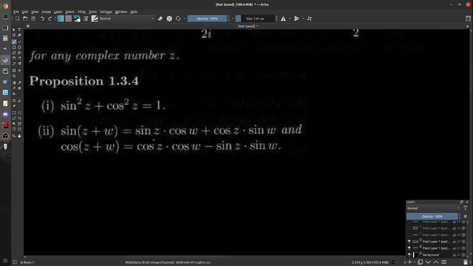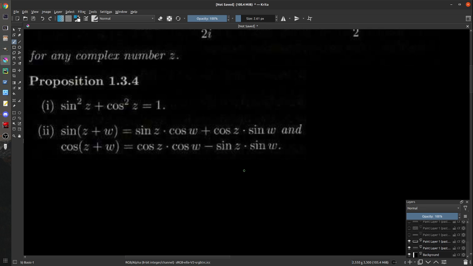That is, you switch the sines and the cosines, right? And then the cosine of a sum is cosine first piece, cosine second piece, minus sine first piece, sine second piece, right? These classic sum identities from trigonometry still carry over.